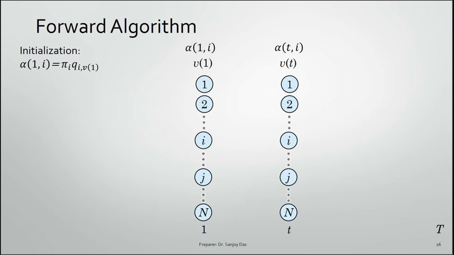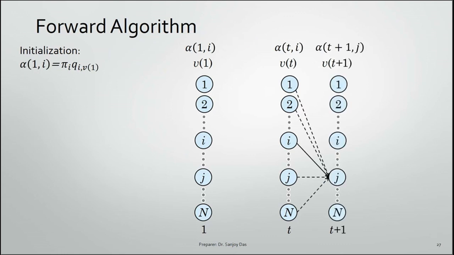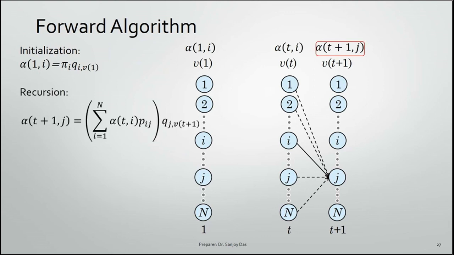And then let's say we proceed from alpha 1i, we proceed forward, and at time step t, we have the values of alpha ti. Now, how to compute alpha t plus 1 j from the alpha ti's is using that summation that we already saw. So this is given by this recursive equation.